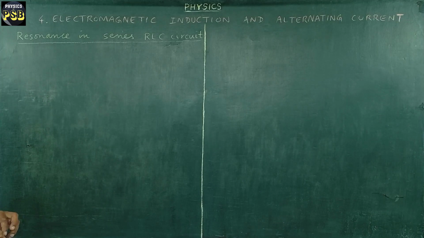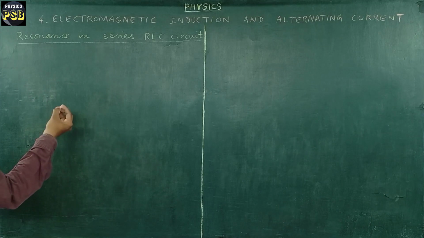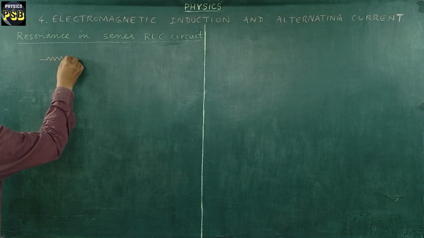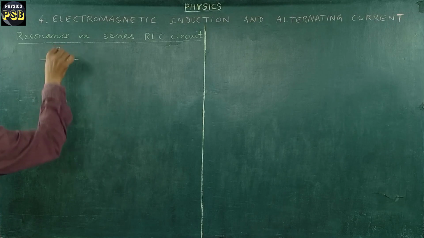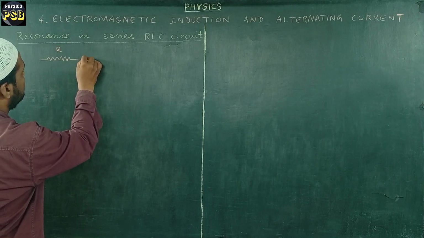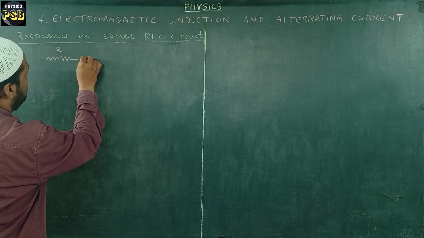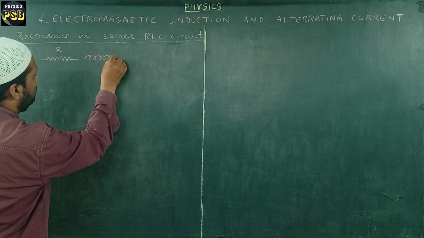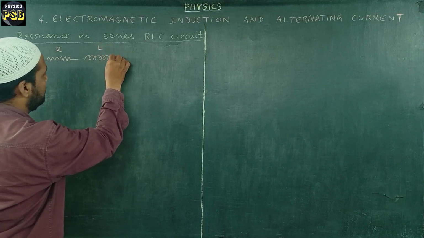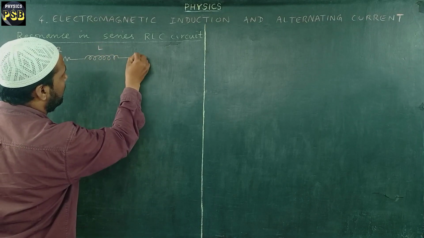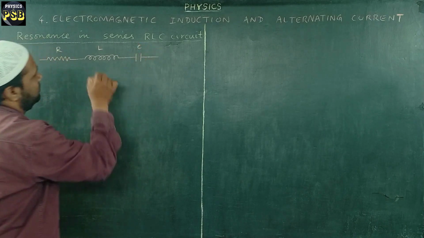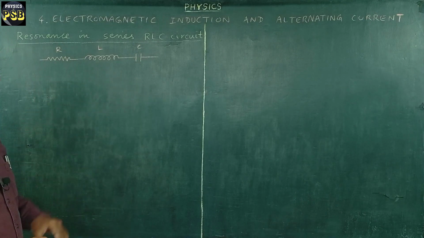An RLC circuit is obtained by connecting a resistor of resistance R to an inductor of inductance L with a capacitor of capacitance C together in a series.